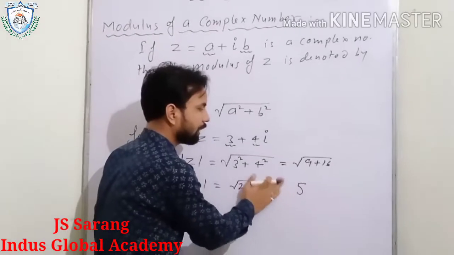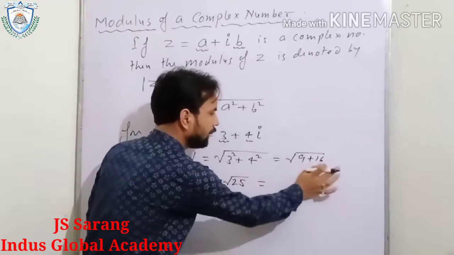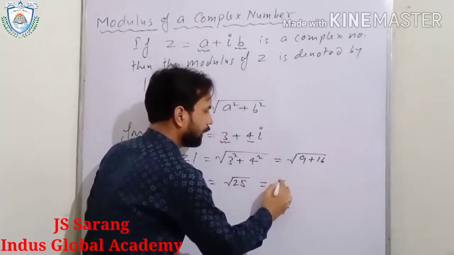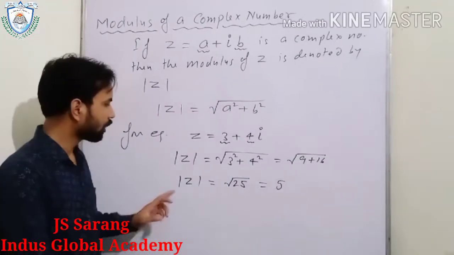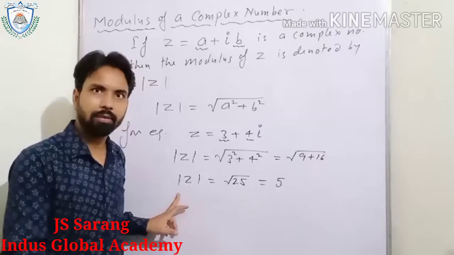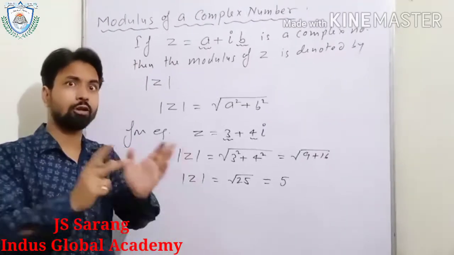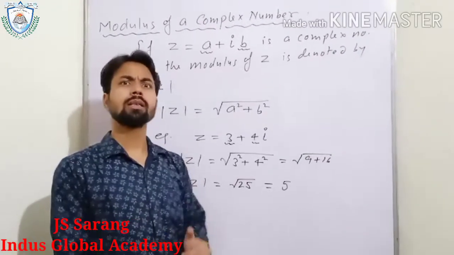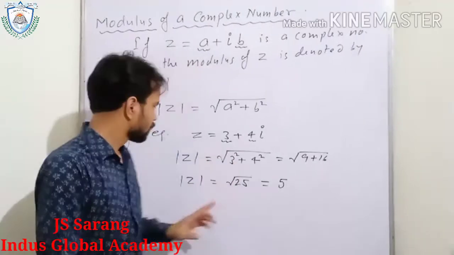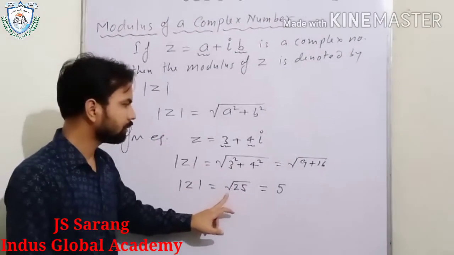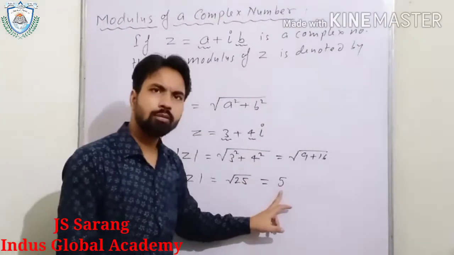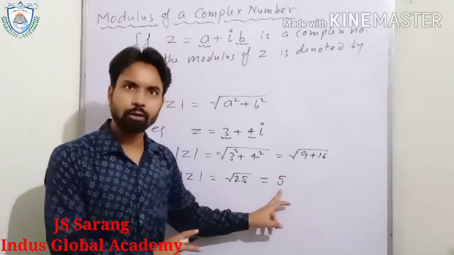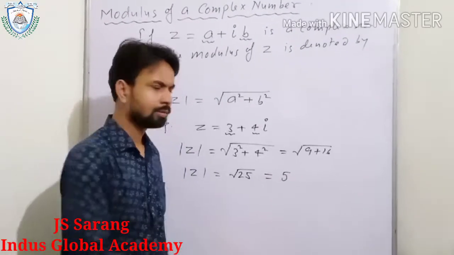So plus minus 5 is not our answer. Only the value 5. So modulus cannot be negative. Understood? So keep this point in your mind. The modulus cannot be negative. So mod of z is equal to under root 25 equals 5. Hope it is clear to everyone. Understood? Good.